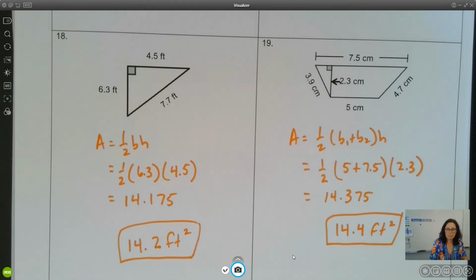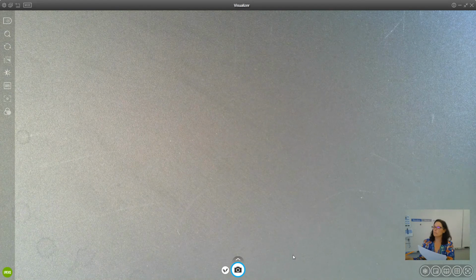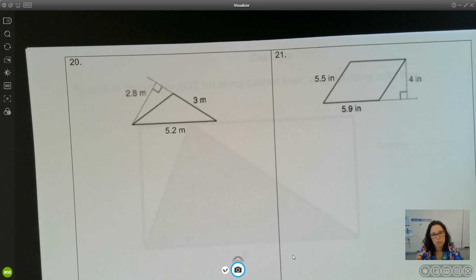A couple more on the back page. Sometimes the height of a triangle is drawn on the outside of the triangle. So the solid black lines are the triangle, but those dotted lines show the height.